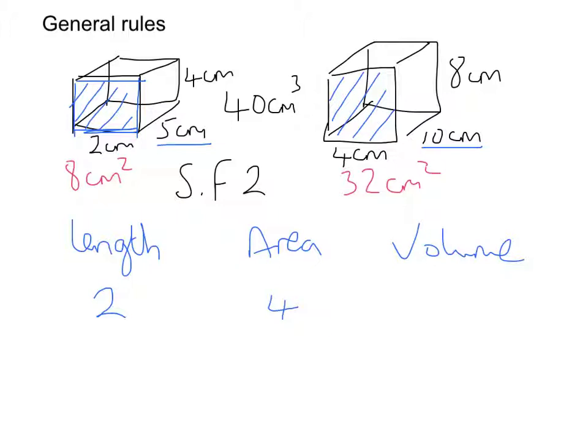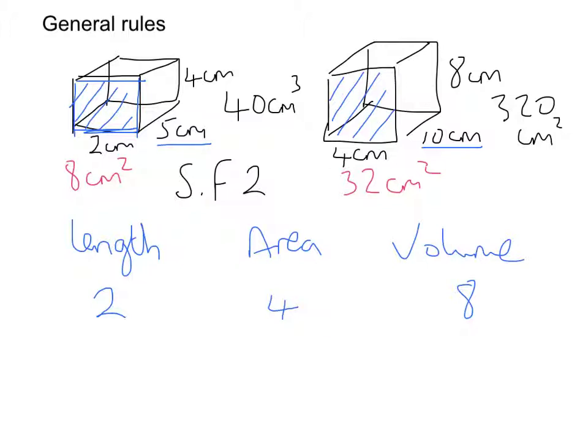The volume of the larger cuboid is 4 times 10 times 8. 4 times 10 is 40, times by 8 is 320 centimeters cubed. Again, 40 times 2 is 80. We'd expect it to be 80, but it's not. It's 8 times as big.